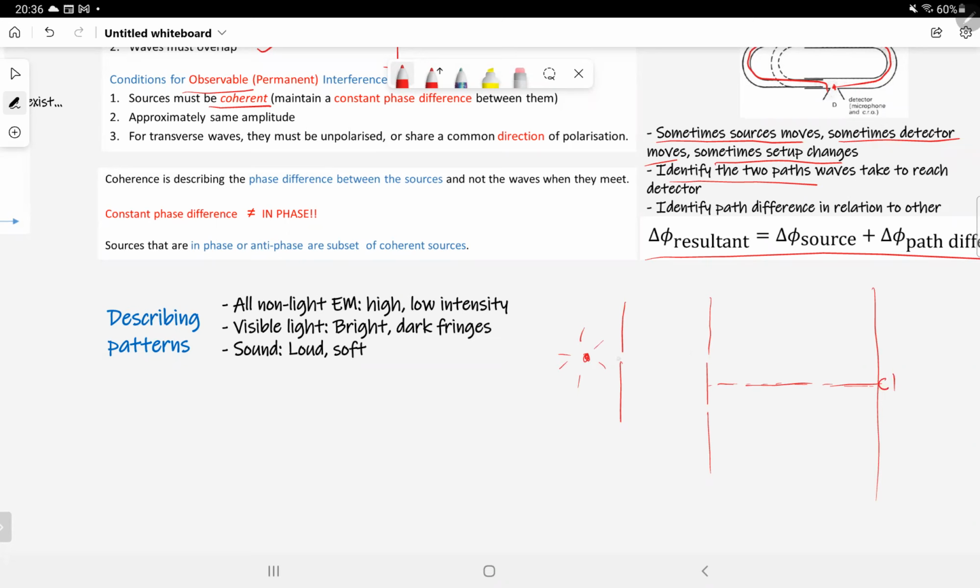But you see, the light source is not symmetrically put in between the two slits. So one path is sort of longer. So by the time the light reaches here, between this point and this point, the vibrations that come out of the slit have a phase difference already. As long as this phase difference is consistent, as long as it's constant, then it doesn't matter, because the path will compensate.